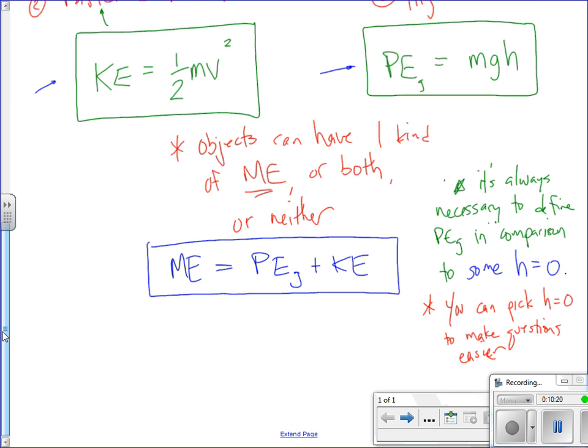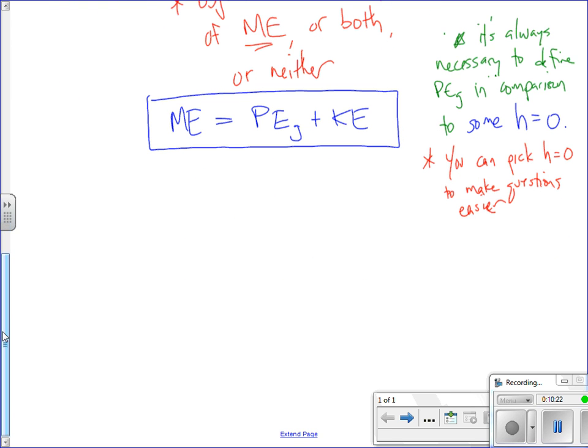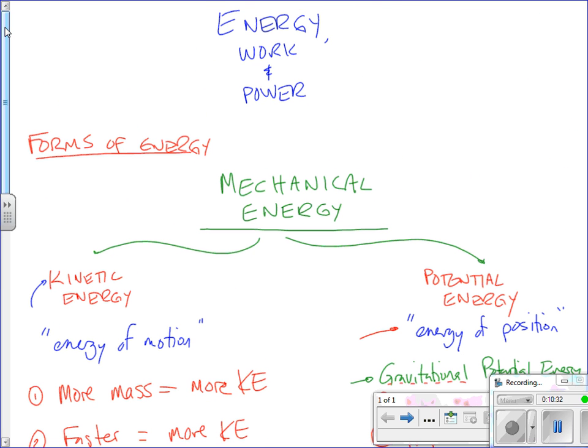Let's see. Oh, another big thing about these. I'll go back up to the top for this one. Energies of all and every kind are all scalars. Okay? There's no such thing as the direction of an energy.